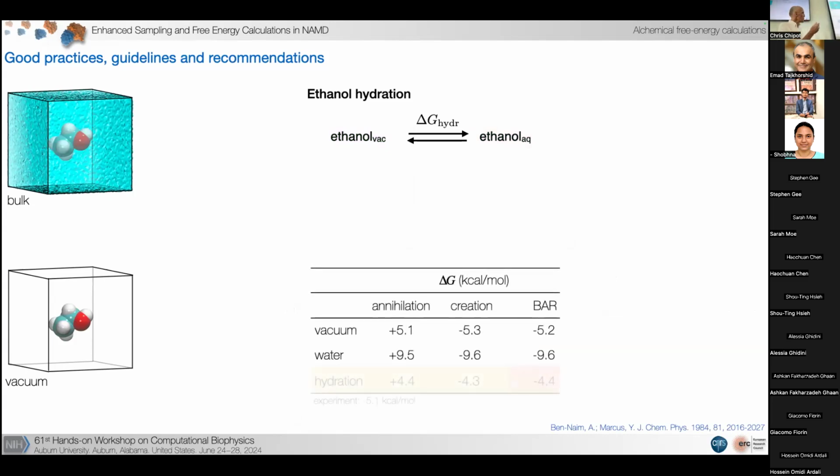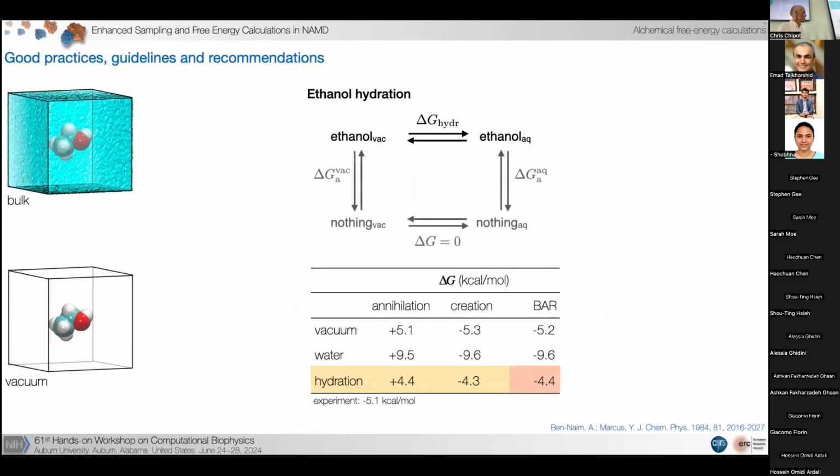So again, when you do these calculations, forward and backward, then you do BAR, this is what you get. So forward, backward, that will give you an ID. So very small hysteresis. This is the BAR estimator minus 4.4, experiment minus 5.1. Yes, I mean, this sucks, but this is what the force field gives you.